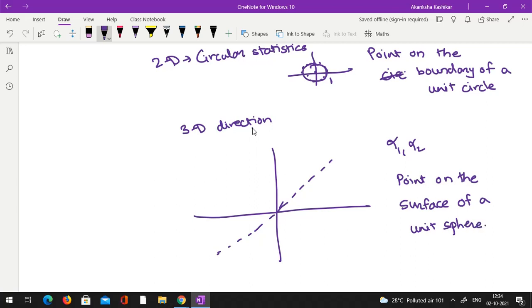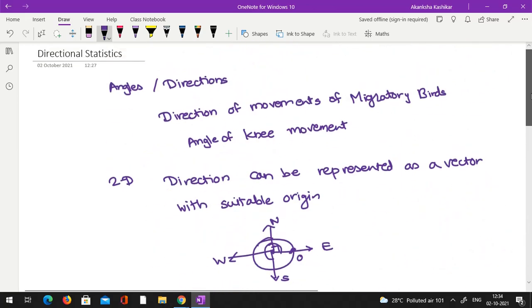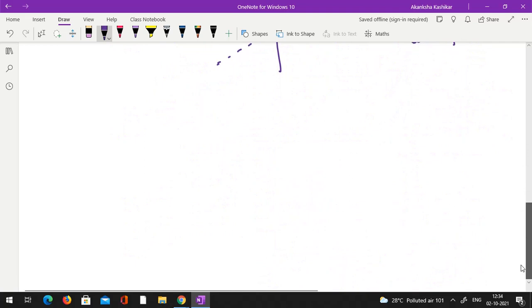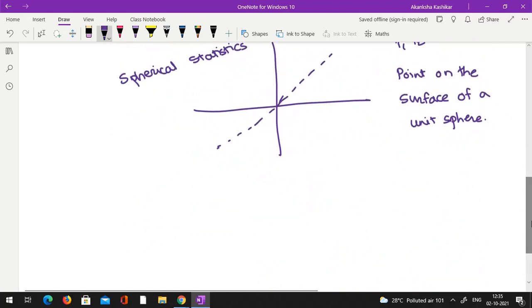So in 3D it becomes spherical statistics. In 2D such a study is called circular statistics, in 3D it is called spherical statistics, and in general, if I don't want to specify the dimension, we call it directional statistics, because we are mainly studying directions along different dimensions.